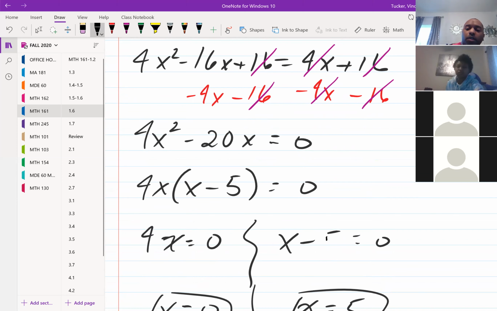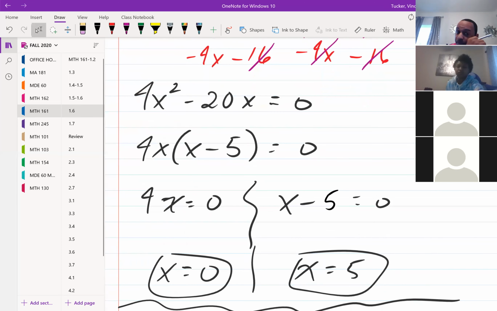And set each part equal to 0. 4x equal to 0, x minus 5 equal to 0, and of course the way to solve is divide by 4. Here we'll add 5. And those will be our two solutions.